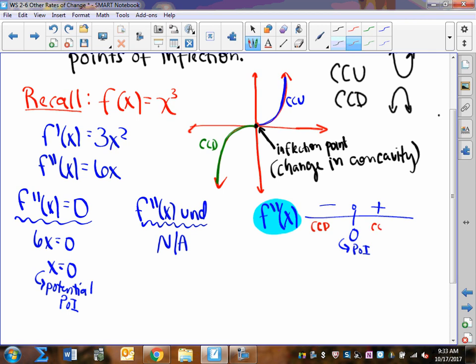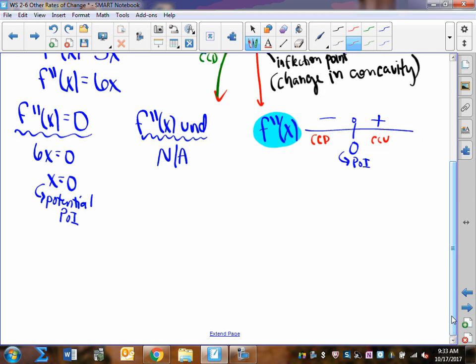Concave up. So from my second derivative, with the number line test, I can know when my original function is concave down, when it is concave up, and when it is changing concavity at an inflection. For this particular problem, we could say that f of x is concave down on the interval negative infinity to 0 because f double prime of x is negative.